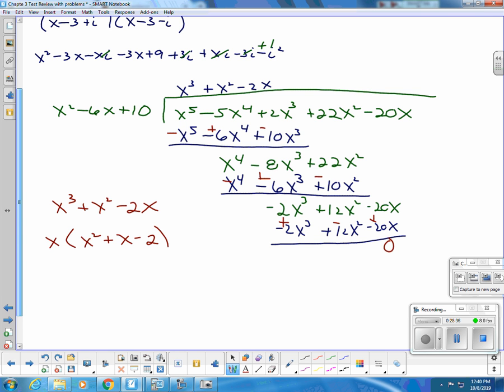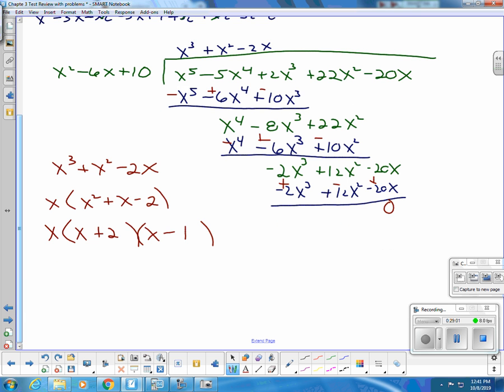Okay? And then look to the quadratic. Can you factor this quadratic that's left? If you can't, then do the quadratic formula. All right? Because we're looking for all the zeros. They may all be imaginary. Is that possible with the 5th degree, though? No, one of them's got to be real.